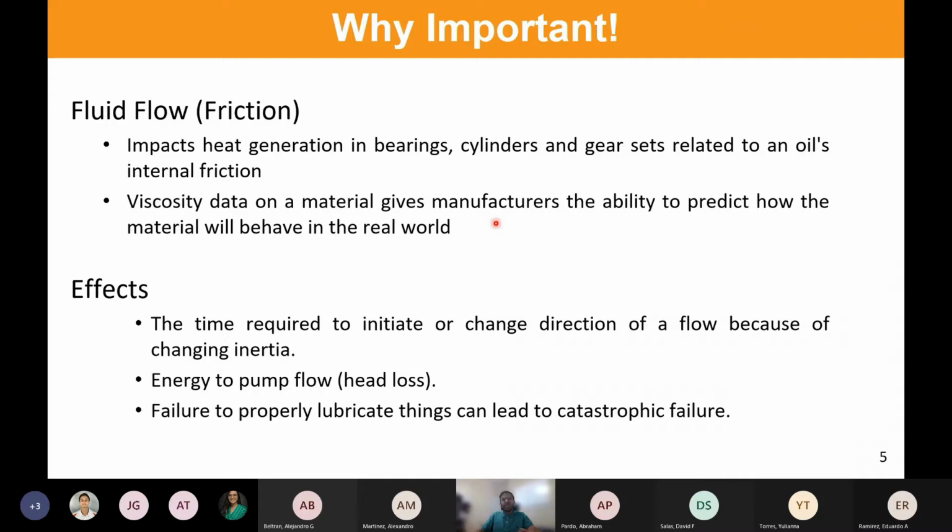So you see, everything at the end comes down to a calculation of energy and efficiency: how less energy you can use to get a more efficient system. And viscosity plays a very important role in that study.